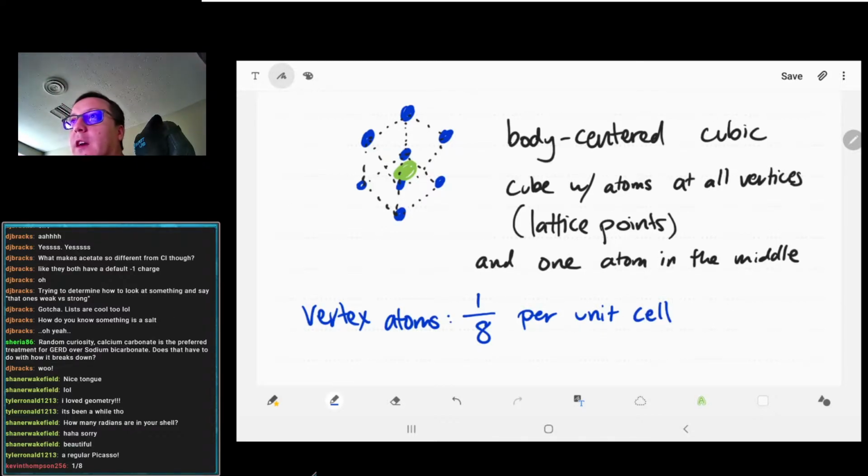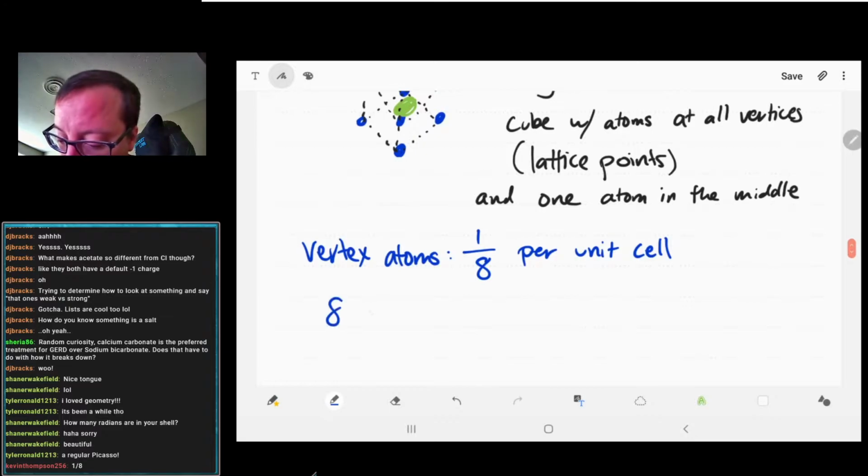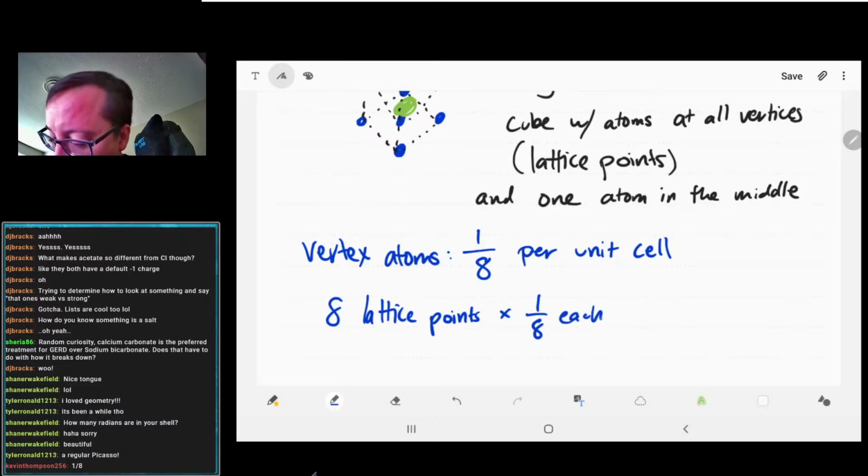And so if we take a look at that unit cell again, we can see we have 8 blue atoms in it, right? We have 4 vertices per level, and we have 2 levels. So that's 8 total lattice points times 1/8 each will equal 1 blue atom total within this.